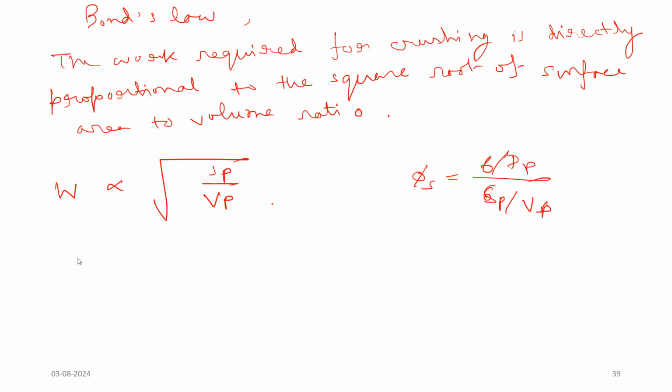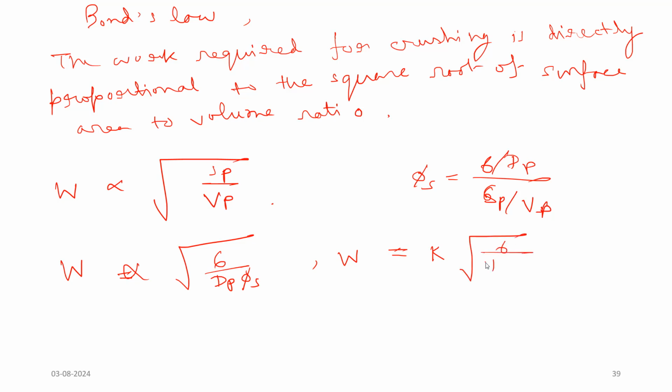It is nothing but 6 by dP phi S. Suppose K is a proportional constant, then W equals 6K square by phi S, and it will be 1 by root over dP.